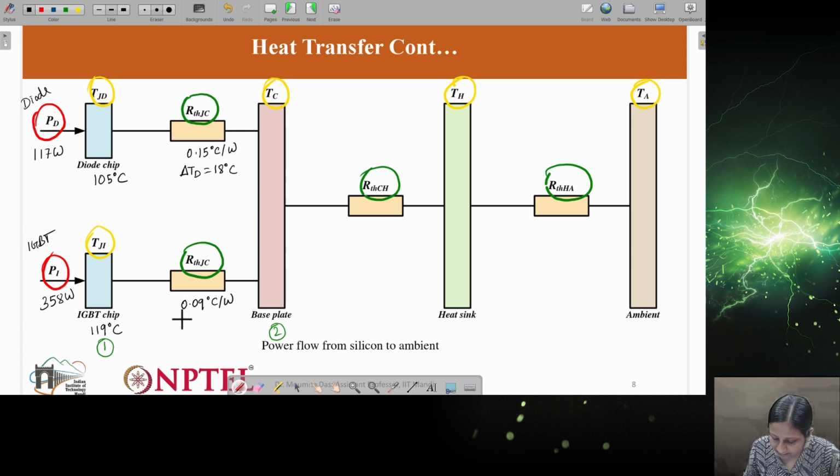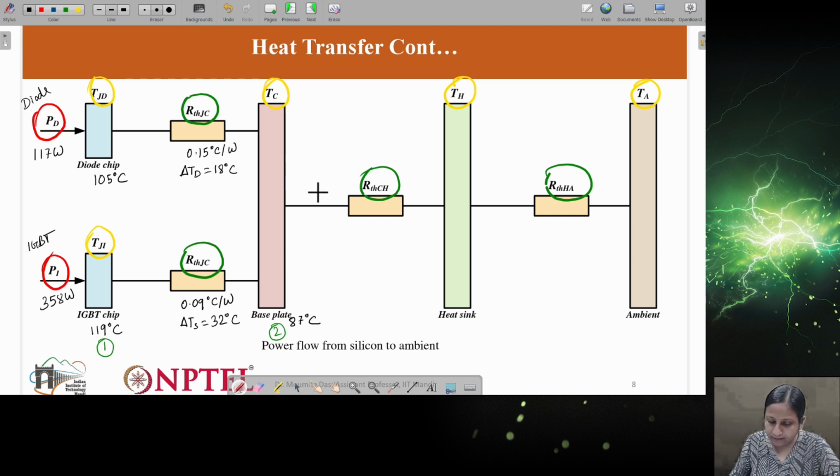Similarly, in the case of the switch, the temperature drop will be 315 watts multiplied by 0.09, which is equal to 32 degrees Celsius. Because of these two drops, the temperature at the base plate will be the temperature of point 1 minus the drop. The base plate temperature equals 87 degrees Celsius.